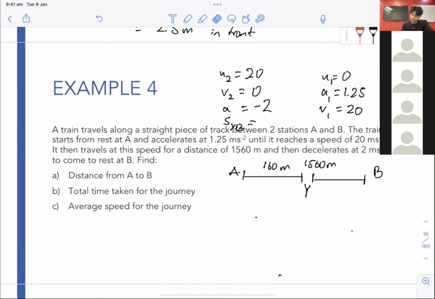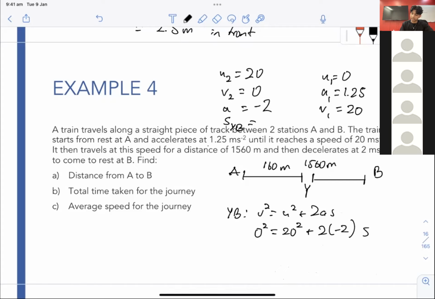SAY there, okay? So the second portion, the same formula, V squared equals U squared plus 2AS, all right? Final velocity is 0. Initial velocity is 20. Acceleration is -2, and we're finding s, okay?